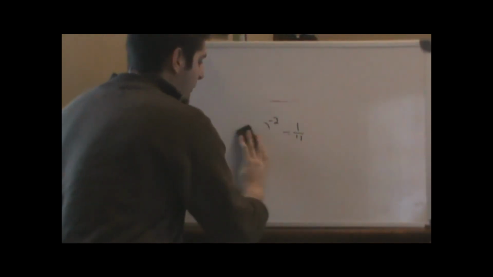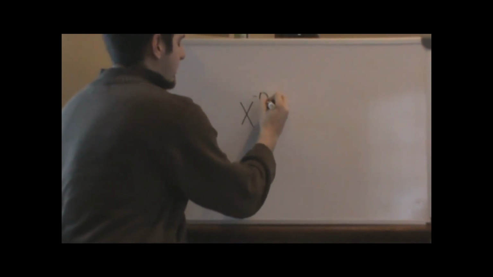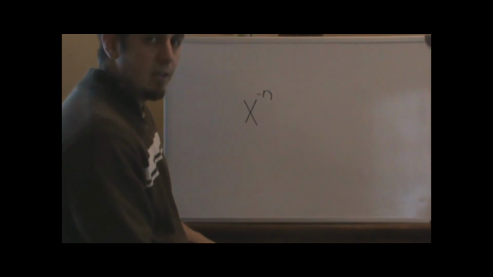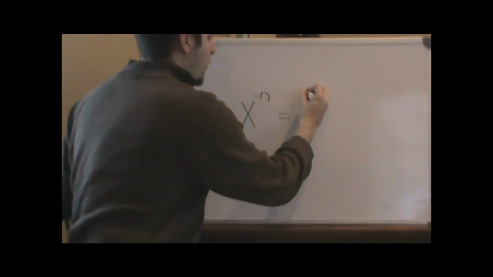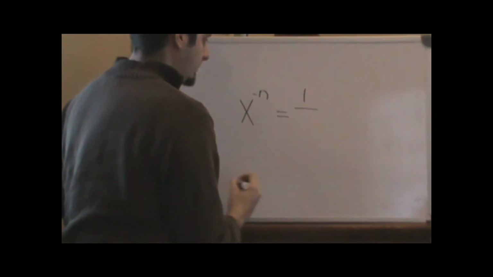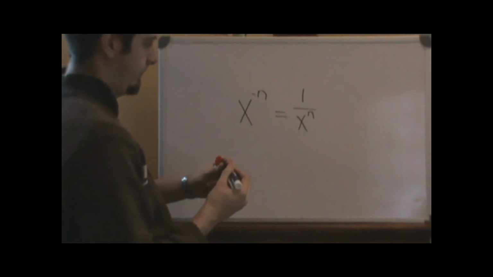So there's a rule that we can come up with here. Any number to the negative power is equal to 1 over that number to the positive power.